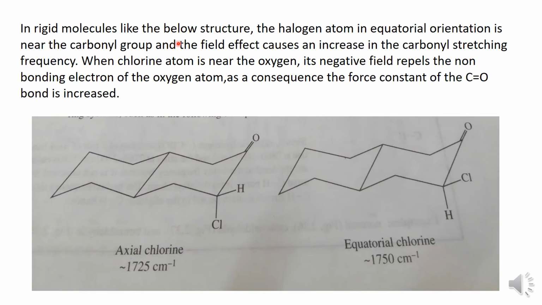That is, in rigid molecules like this structure, the halogen atom in the equatorial orientation is near the carbonyl group, and the field effect causes an increase in the carbonyl stretching frequency. When the chlorine atom is near the oxygen, its negative field repels the non-bonding electrons of the oxygen atom. As a consequence, the force constant of the C=O bond is increased and the carbonyl stretching frequency also increases.